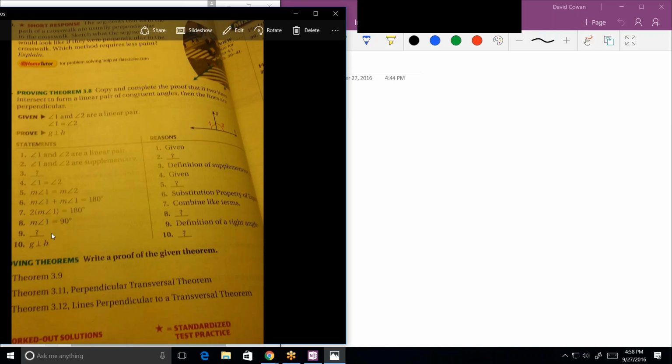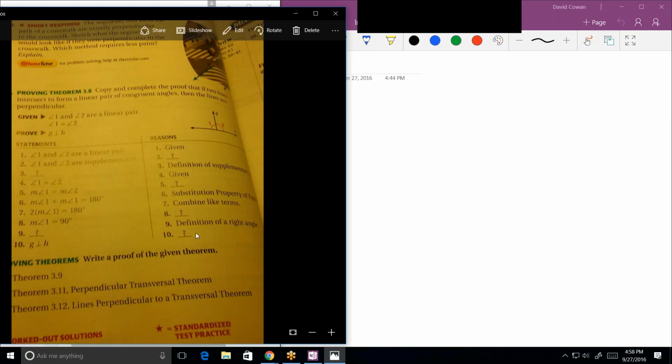And finally, what we're trying to prove is that G is perpendicular to H, which is what the final statement always says, what you're trying to prove. And we can get this through the definition of perpendicular angles. Yeah, or the corollary for two intersecting lines.